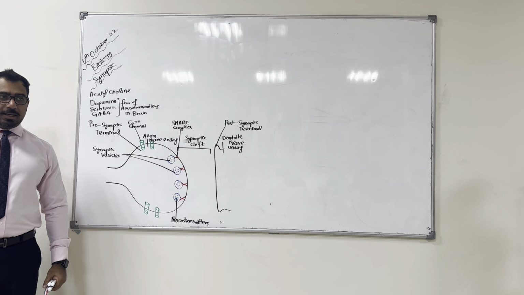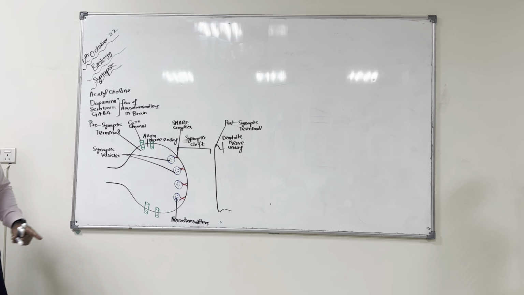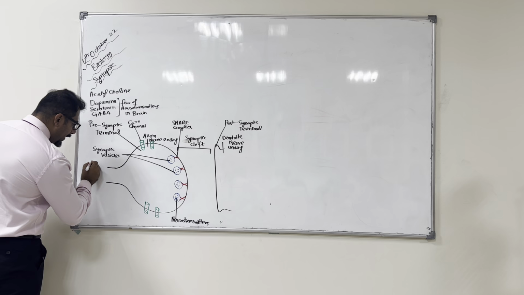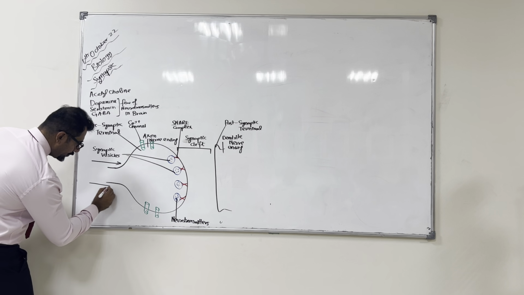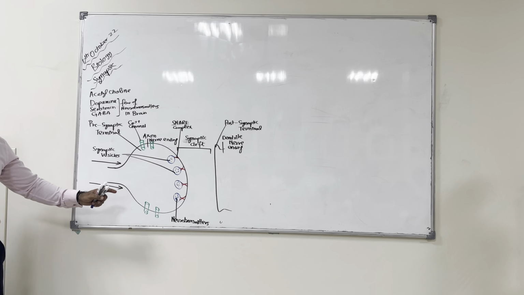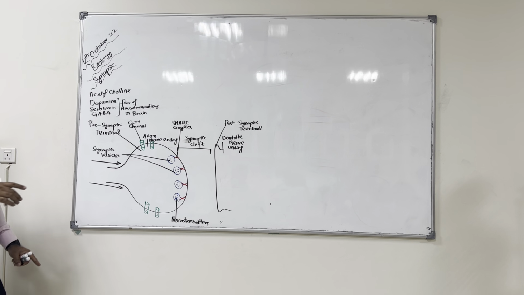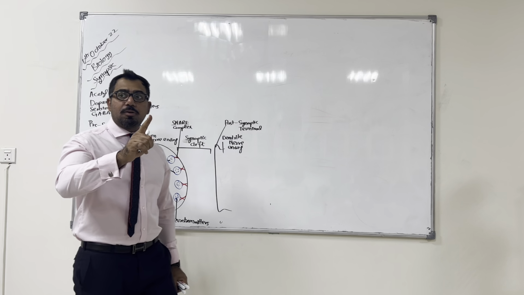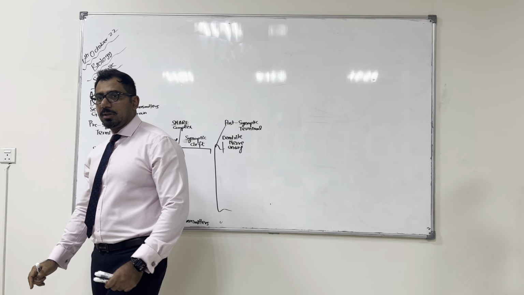Yesterday I gave you the example and I taught you. What happens when the nerve impulse reaches over here? In response to that, remember, these calcium ion channels are voltage gated channels. Right?